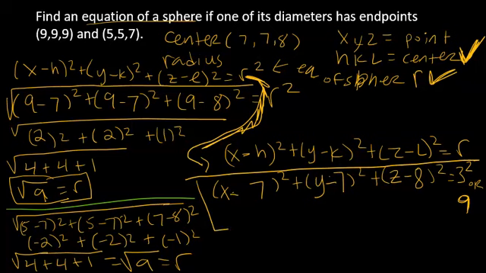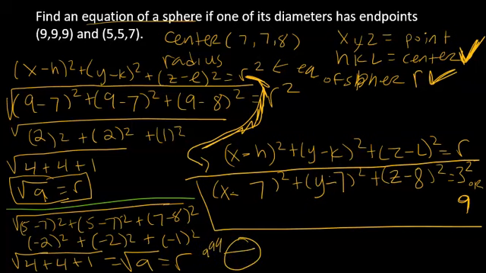This whole entire long thing is the equation of a sphere. That's the equation of a sphere if the diameter had the endpoints 9, 9, 9 and 5, 5, 7, right? So just like earlier, if that was 9, 9, 9 and this was 5, 5, 7, and it's saying, hey, what's the equation of this sphere?